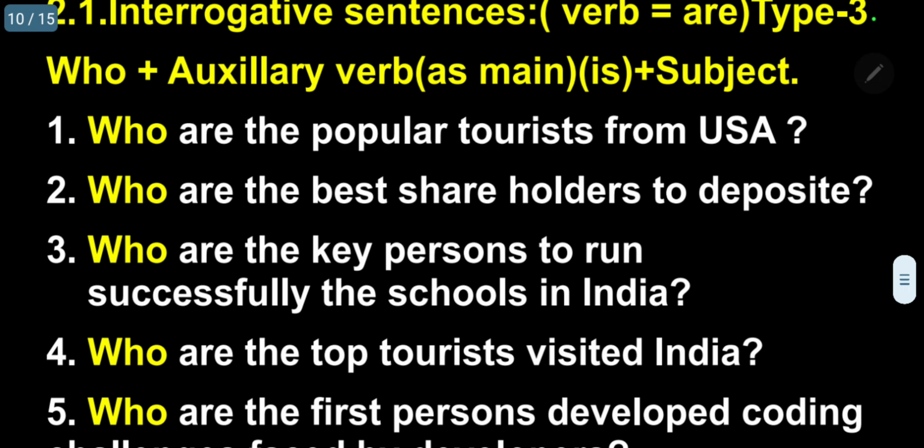Whereas, are you can use for nouns, plural nouns, and I; correspondingly, kindly follow, we are not using the second person singular. You, we are using are. And in the first person plural we are using are, and the third person they, we are using are. So this you have to memorize.